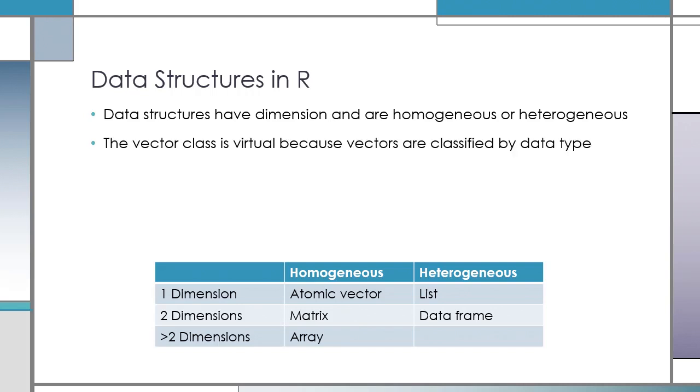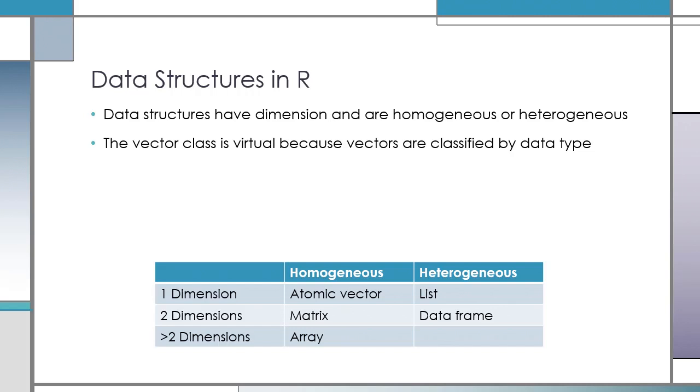The vector class is virtual because vectors are classified by data type. Remember that whenever we asked for the class of, say, a matrix, a list, or a data frame, we got back matrix, list, data frame. But when we asked for the class of a vector, we got back the kind of vector that it was, whether it was character, or numeric, or integer.